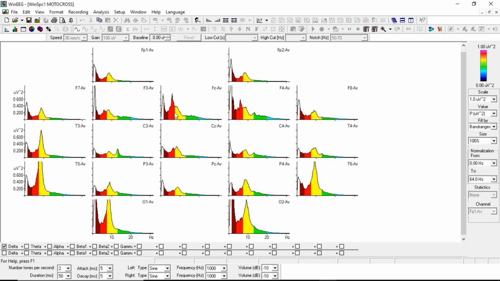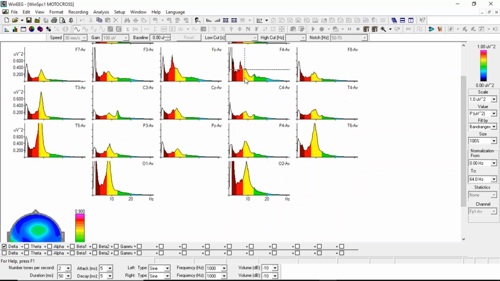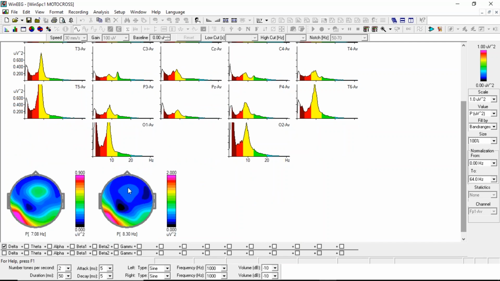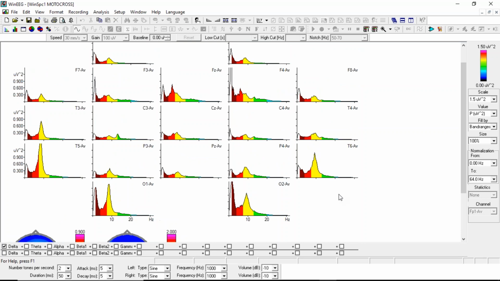And then we have this. So we're going to map this. And here it is, FZ to F4, around 6, 7 hertz. And we'll mark it here as well. And there it is.